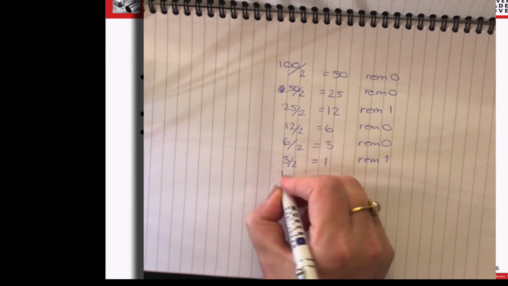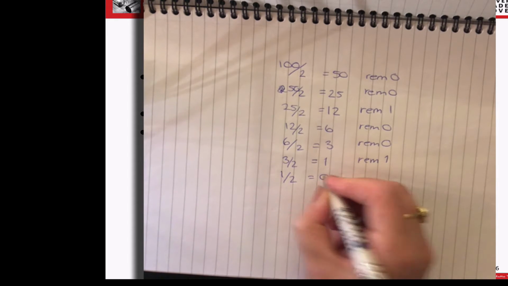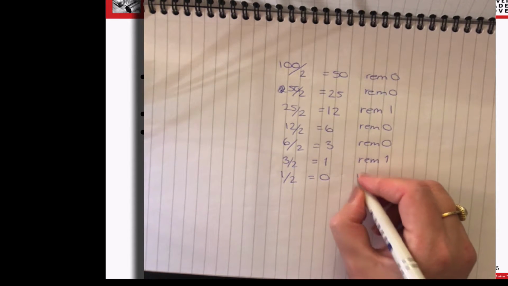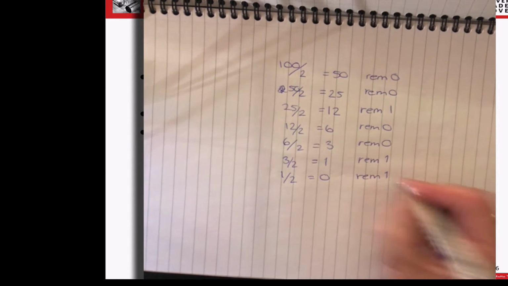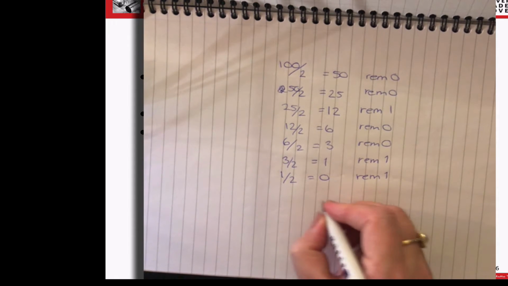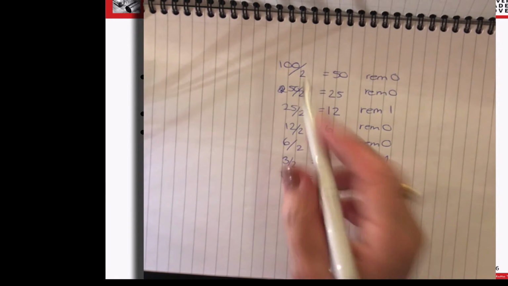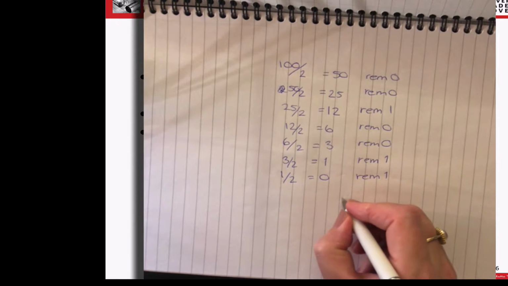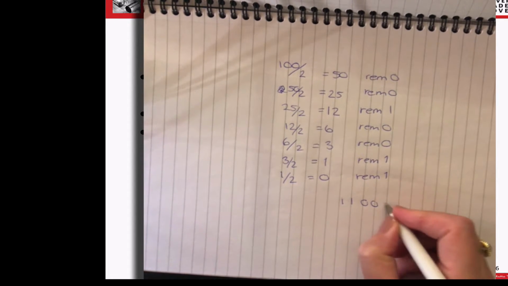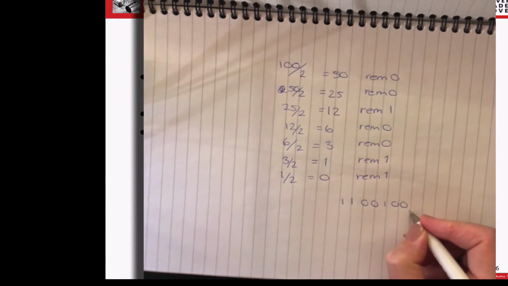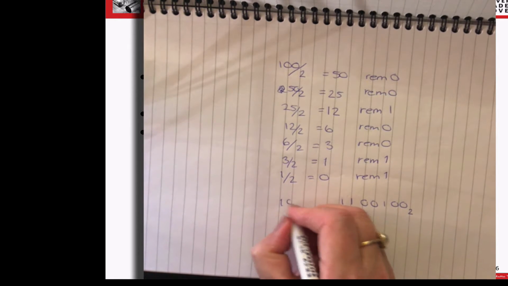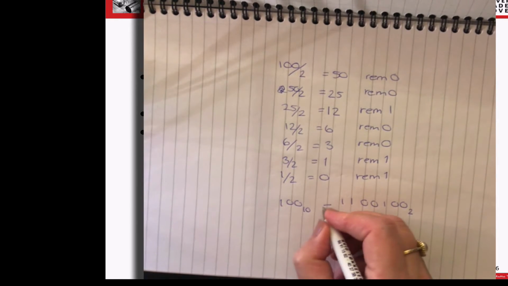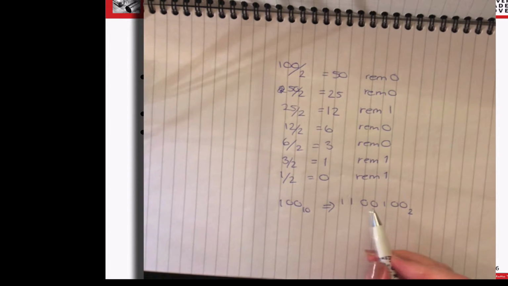And then I take 1 and divide by 2, which is 0.5, which is 0 whole and a remainder of 1. So here again from the bottom up, 100 is the same as 1100100 in binary. So 100 in decimal equals 1100100 in binary.